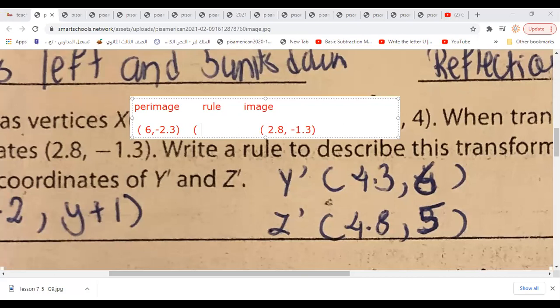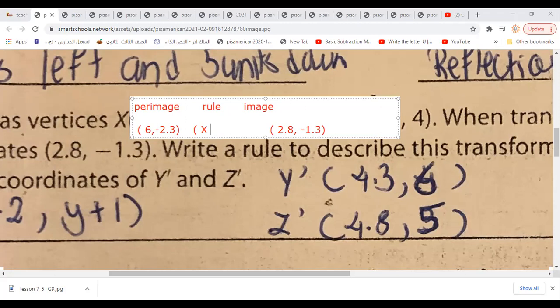Is it 3.2? Remember, image minus pre-image.